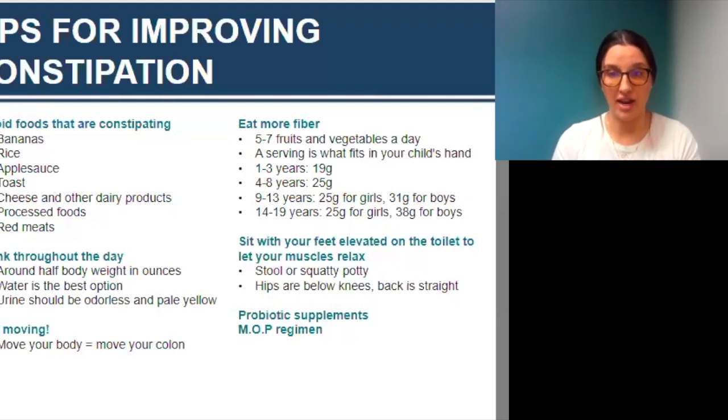So Miralax is good for, again, keeping poop soft so that the kids are able to go to the bathroom, but it's not a lifetime solution for constipation. The other form of laxatives are the ones that make you have to poop more, the stimulant laxatives like Senna.